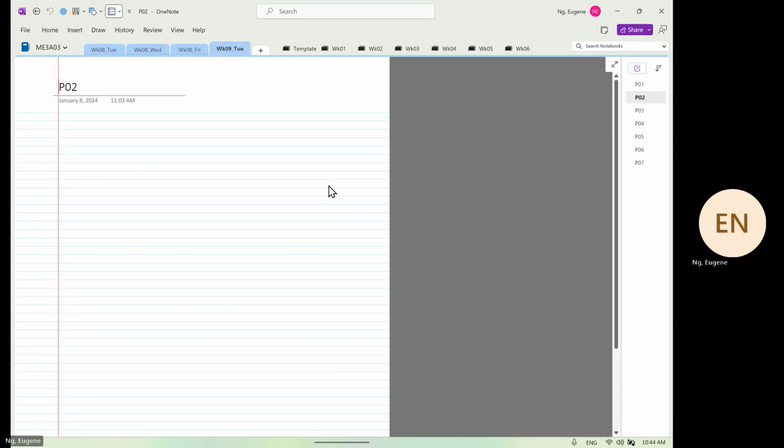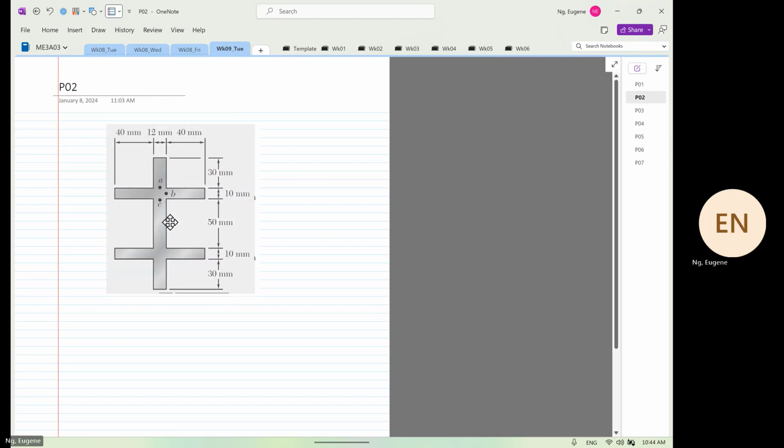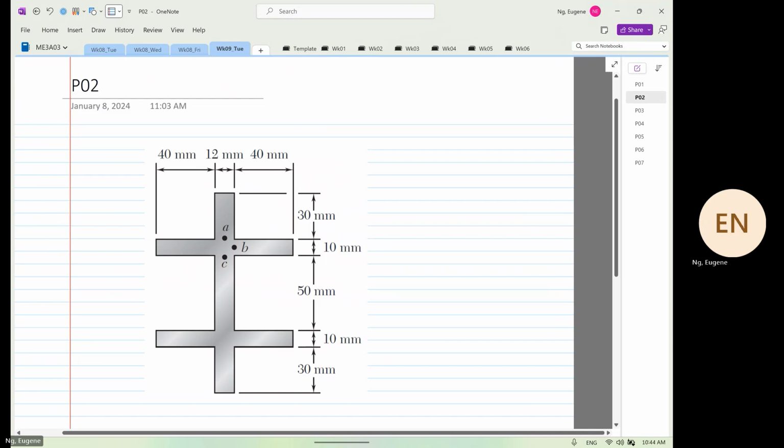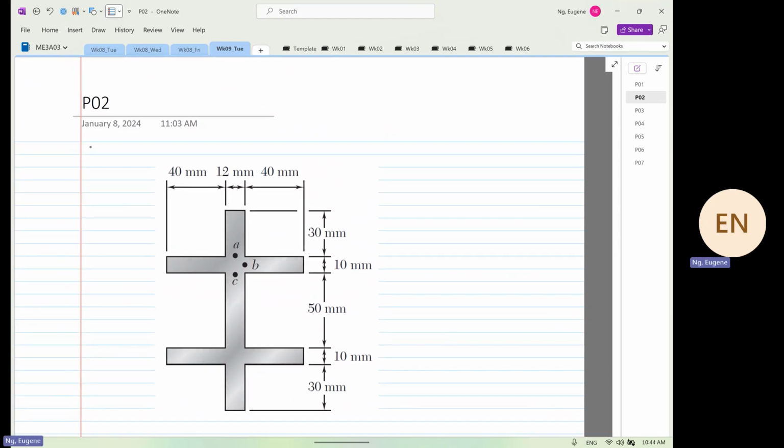Okay, let's look at this example. So this is example number 1. We're going to design the what? Shear flow.